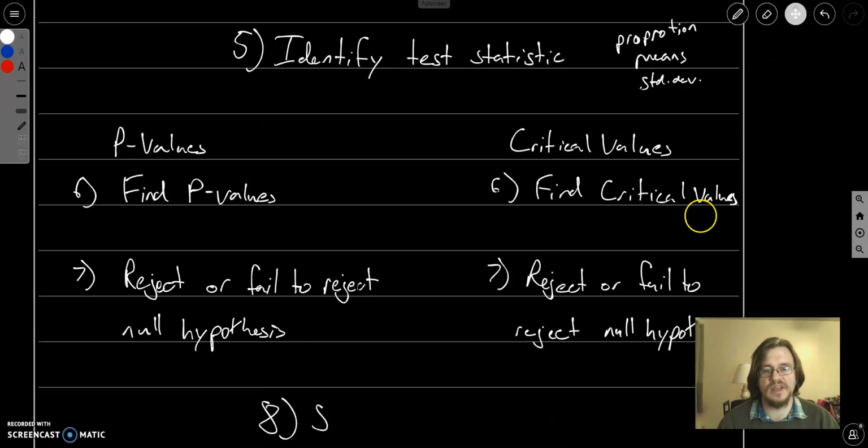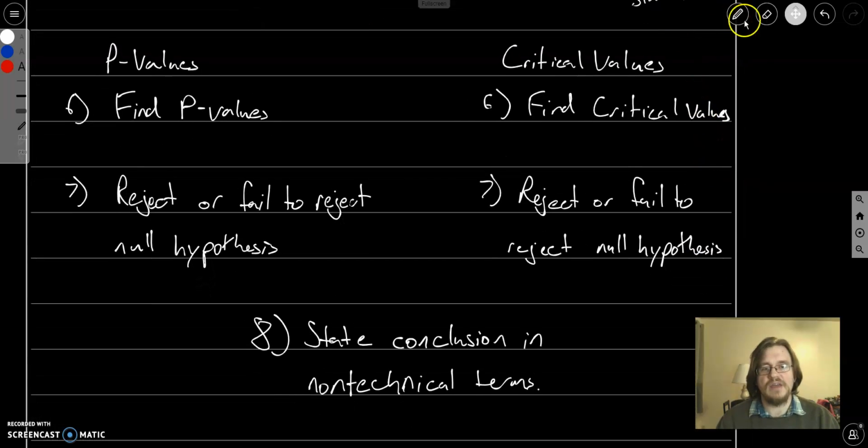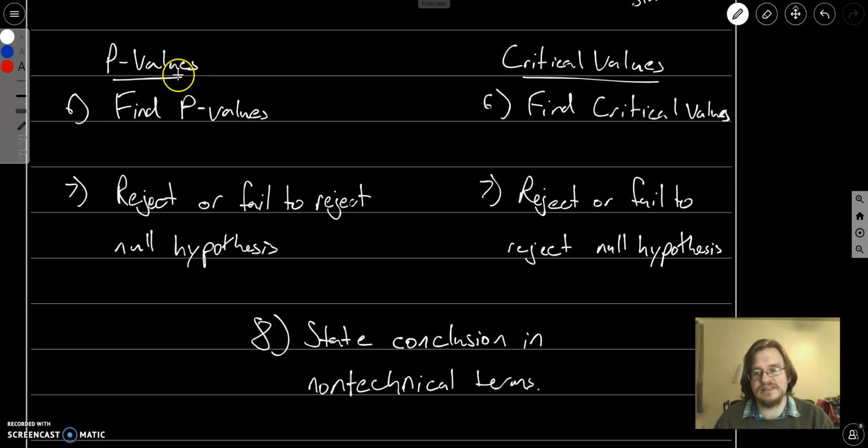And then once we know this, we can go down one of two routes. We can either look at the p-values for the test statistic, and use those to either reject the null hypothesis or more or less support the null hypothesis, or we can use critical values. These are slightly different. With the critical values, again, we can use that to either reject the null hypothesis or fail to reject the null hypothesis.